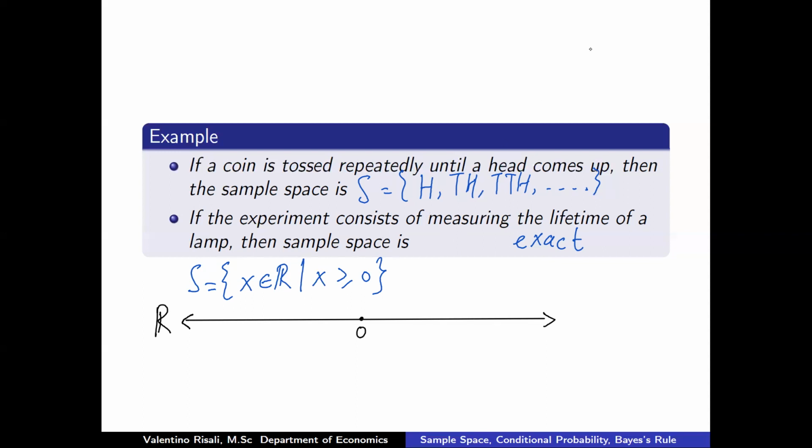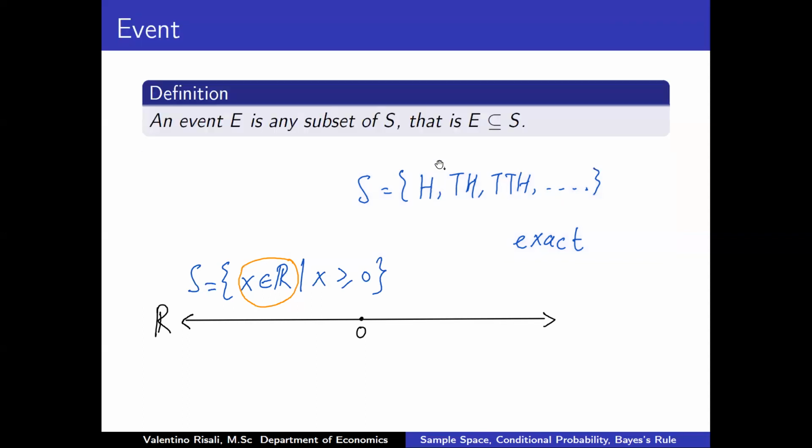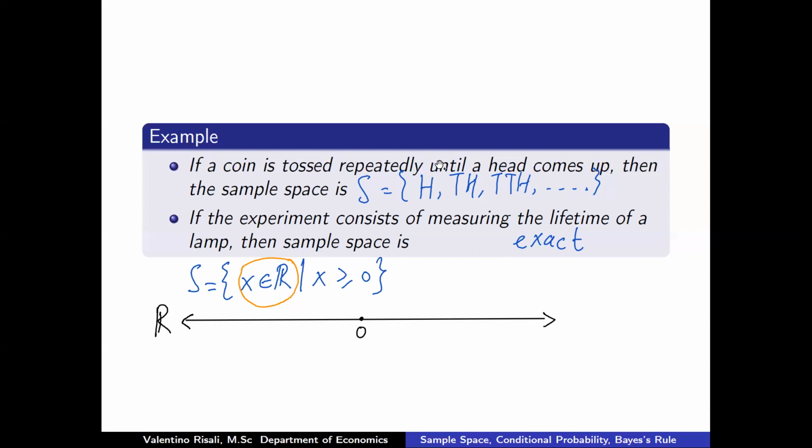Because we must find the exact value, we use the set of real numbers, since we measure the exact value. I think that's all for our examples about the sample space. Any question from you?